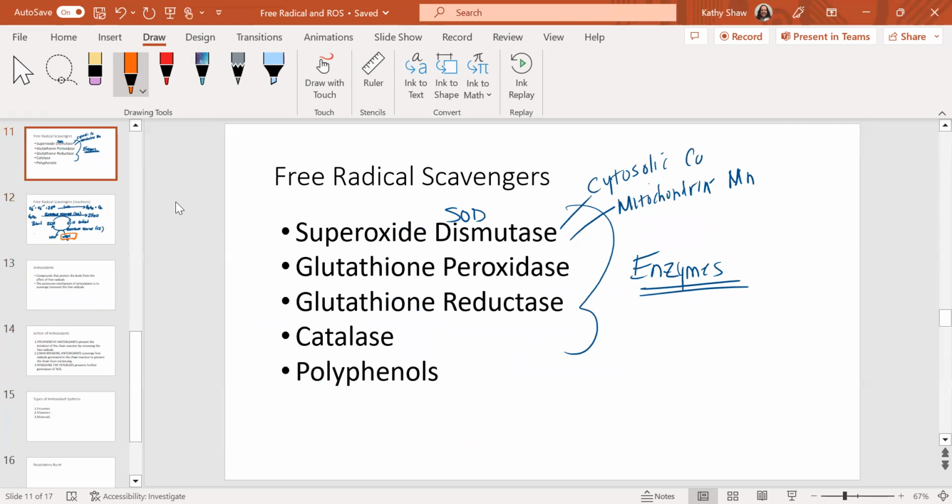That's another one that doesn't fall into that little cascade we just did. So let's talk about that. What that one does is gets rid of lots of hydrogen peroxide. So if I have lots of hydrogen peroxide, I can also use catalase to go to water and oxygen.